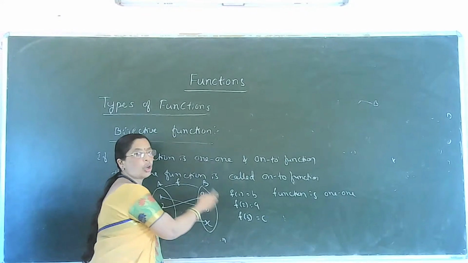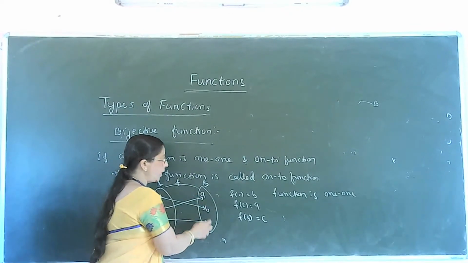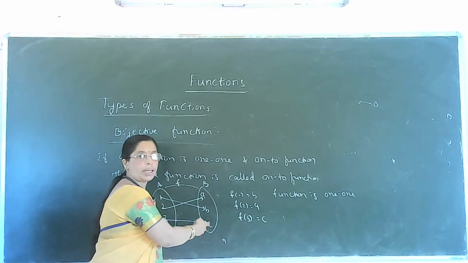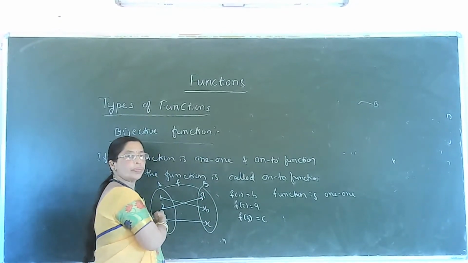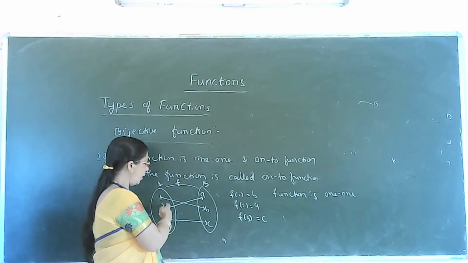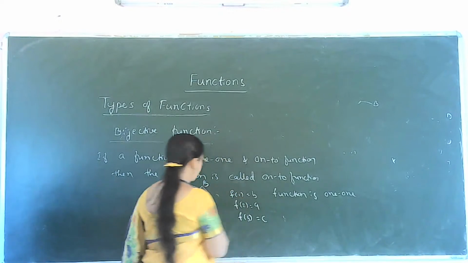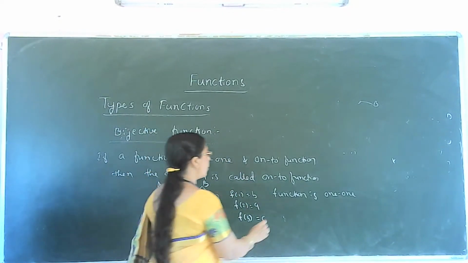Then the elements A, B, C of the codomain are images of elements of the domain, and range and codomain are the same.